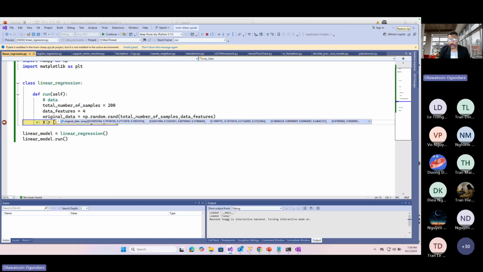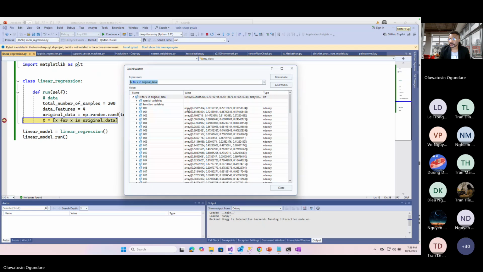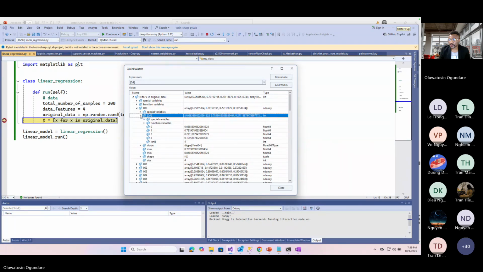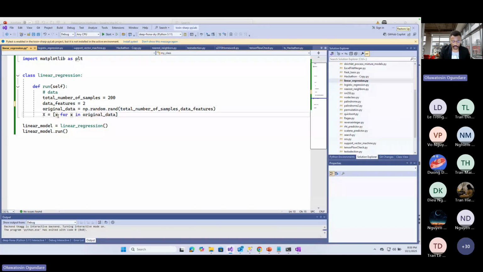Okay. We can observe this. All right. So we want two features. And we want like 0.